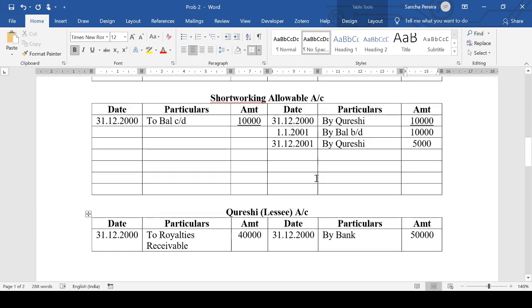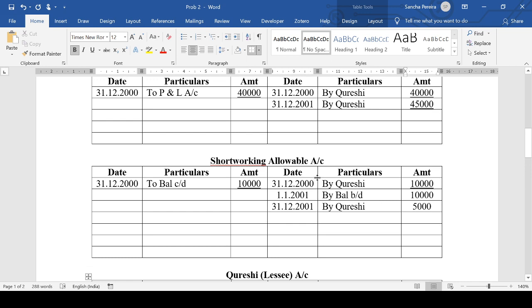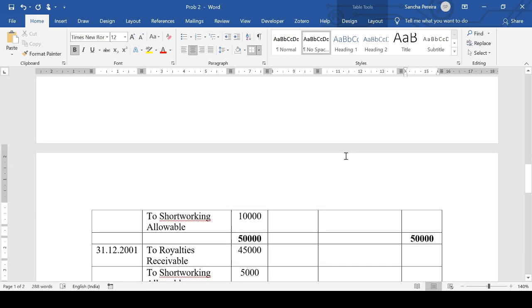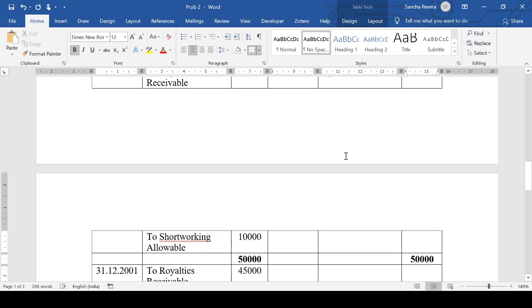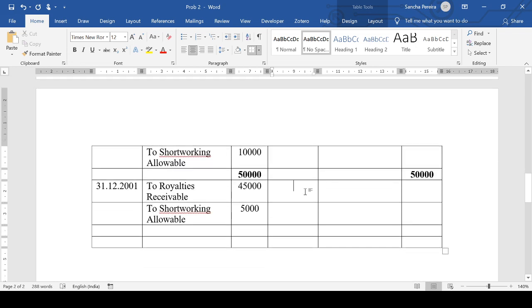The next one is what? For receipt of the royalty. We are in the books of the landlord. So it will be bank account debit to Qureshi. So in Qureshi will be by bank, which is 50,000.